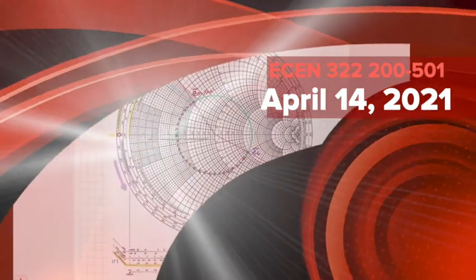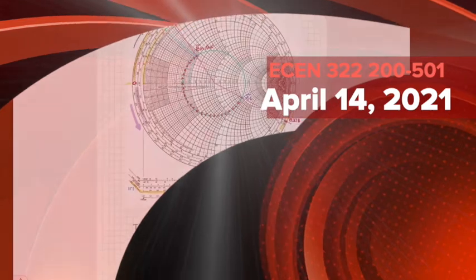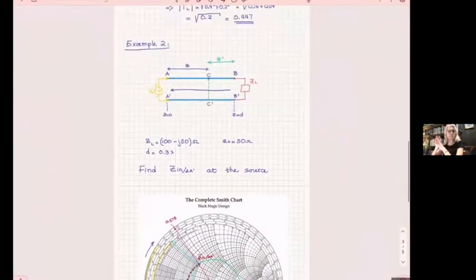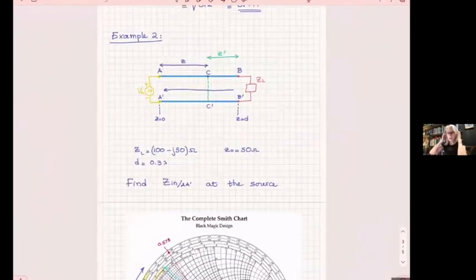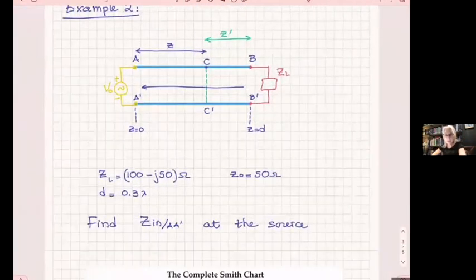So what we did, just to remind you, last time we solved the following problem. We used the Smith chart to transfer an impedance from BB prime to AA prime.